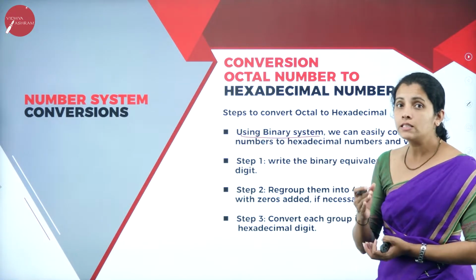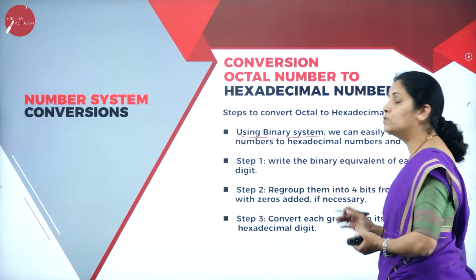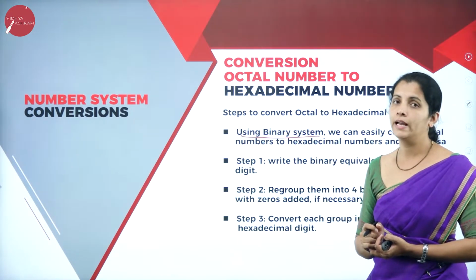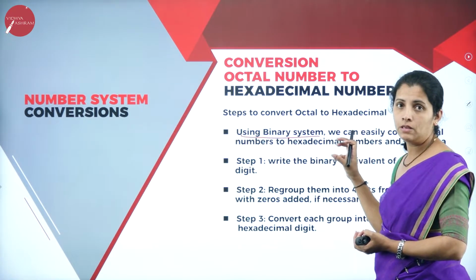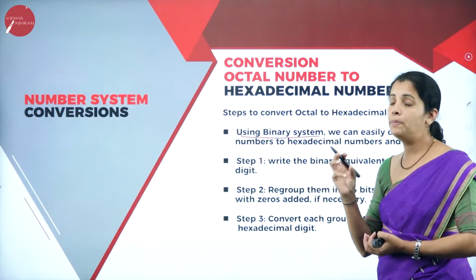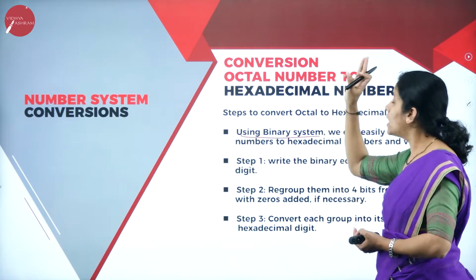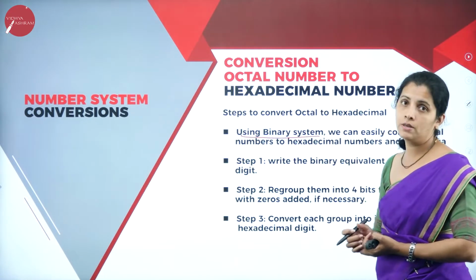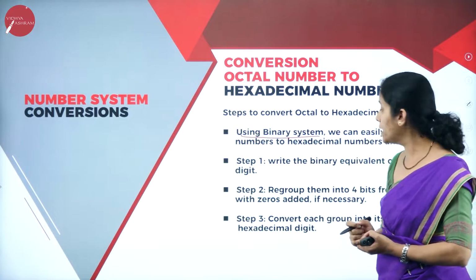In step 2, I'm going to regroup them into 4 bits. At the beginning, to write binary numbers, I consider 3 bits because it is an octal number, but to convert octal to hexadecimal, I'm going to make groups of 4 bits together.